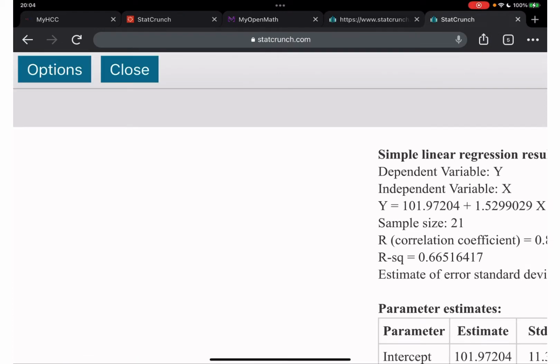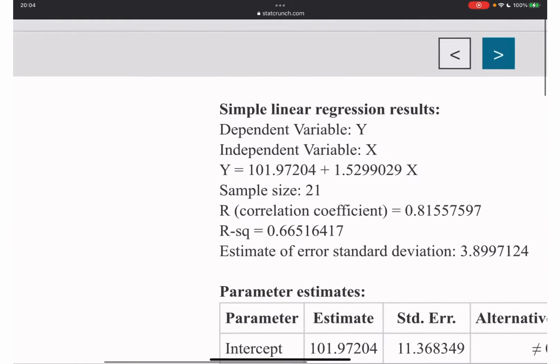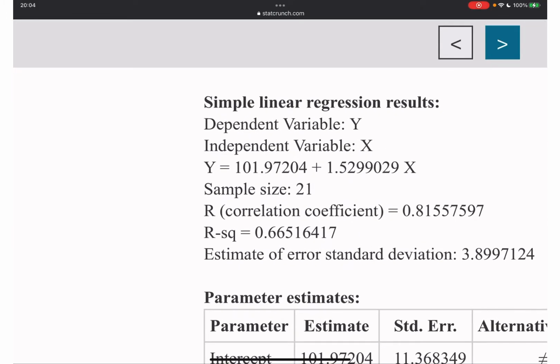So to find the answer for 48, how much is going to be the height? I'm going to go to StatCrunch. Here is my equation, 101.97 plus 1.53x. Plug in 48 instead of x, okay? Do the math: 1.53 times 48 plus 101.97.